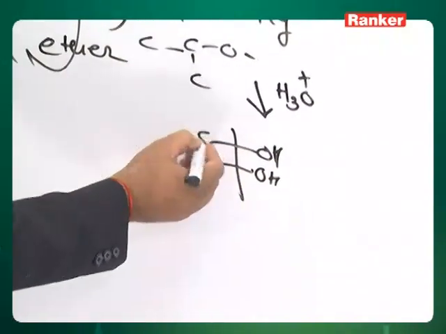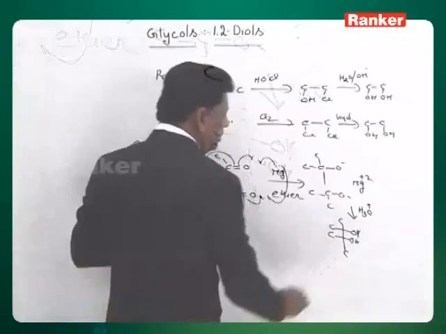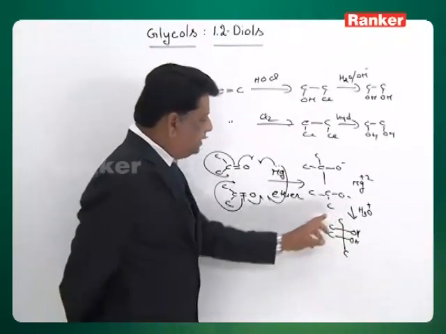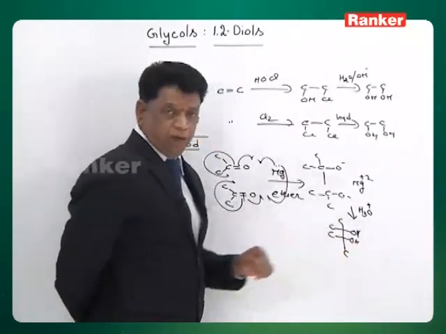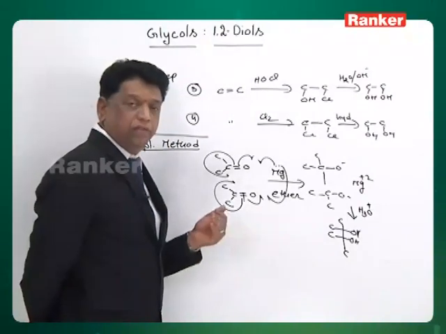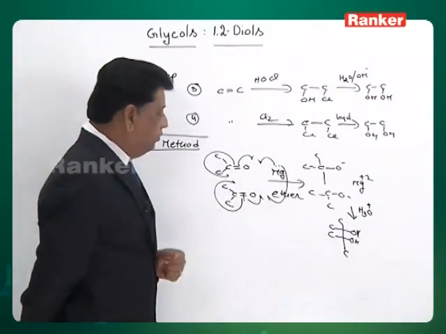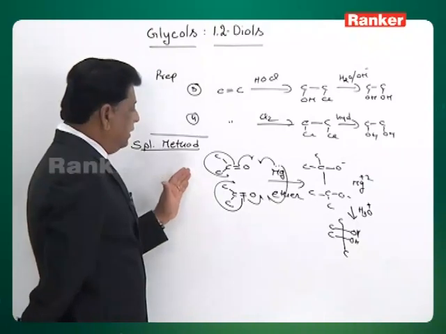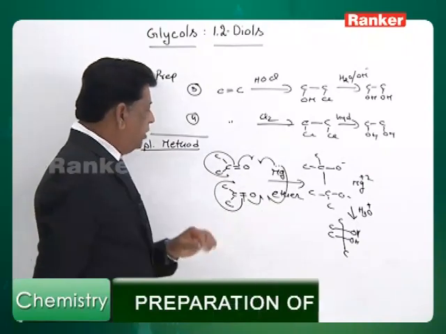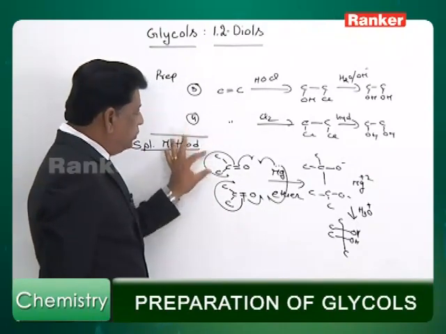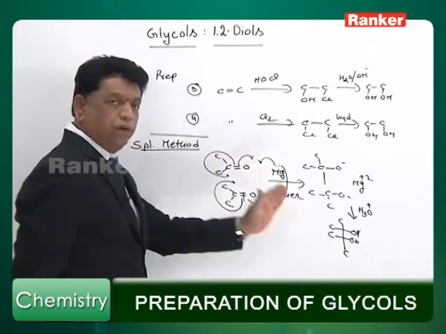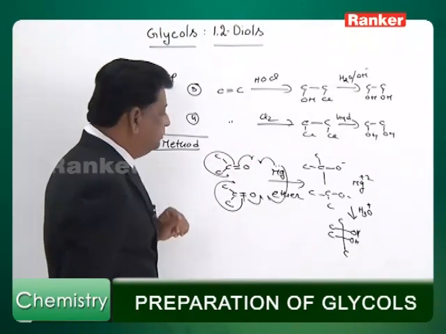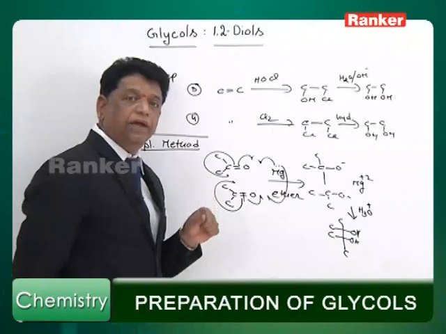This specific glycol is called tetramethyl ethylene glycol, commonly known as pinacol. We have a reaction that we'll discuss later. But in the preparation of pinacol, two acetones are reduced to pinacol, so the reaction is also called pinacol reduction.